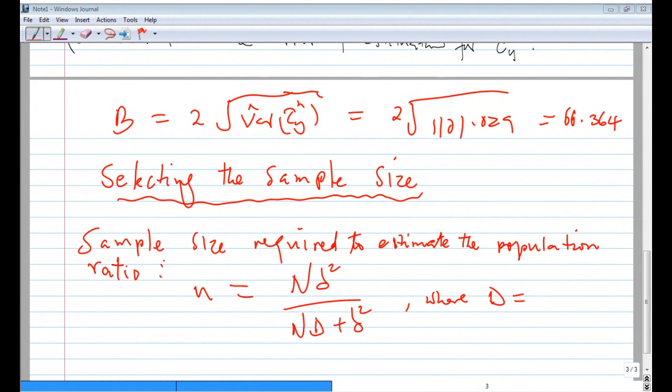That means it's r, isn't it? So our D now is equal to bound B squared times mu x squared divided by 4.